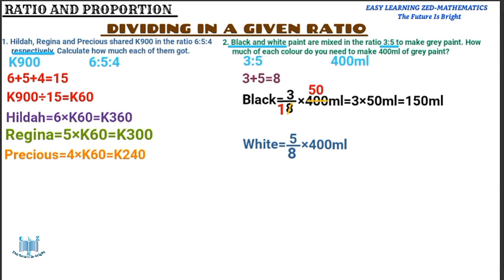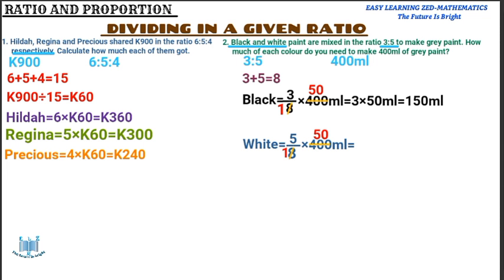Once I've done that, I'm going to divide 8 by 8, which will give us 1. Then 400 mils divided by 8 will give us 50 mils.